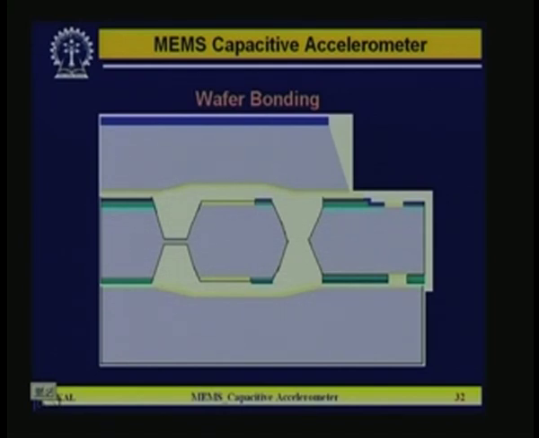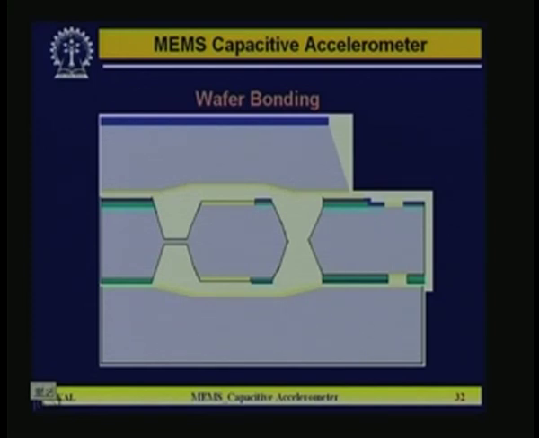So, there we have to see certain design modifications and certain techniques so that those parasitics can be removed completely. So, this is the complete process sequence of this capacitive accelerometer structure, and I am not going to discuss it further.